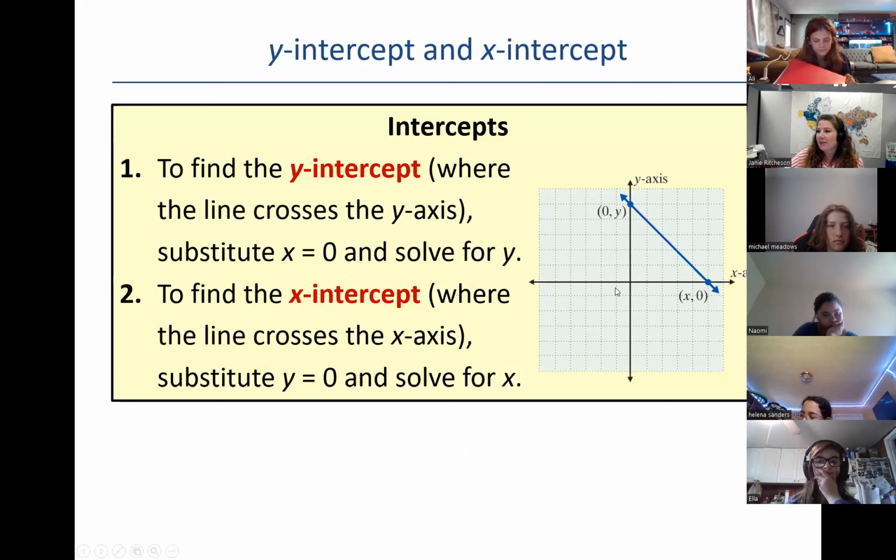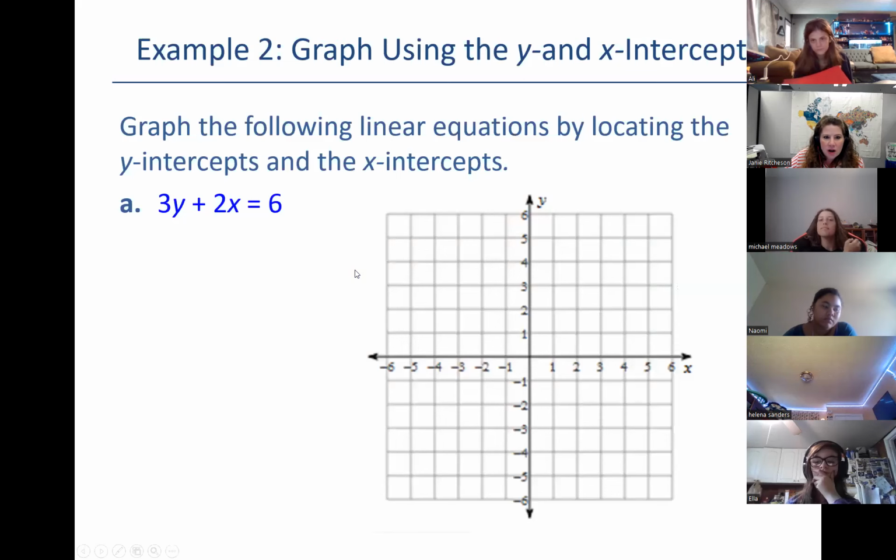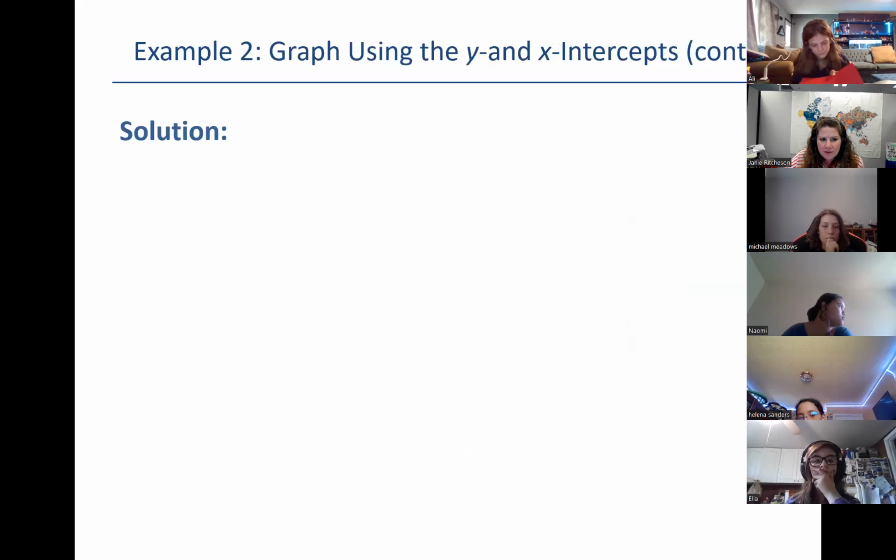And then instead of taking an equation and rewriting it in slope-intercept form, this is a fast and easy way to graph a line when it's written in standard form. Okay, so y'all understand the difference between standard form and slope-intercept form? Yes? Okie dokie, perfect.